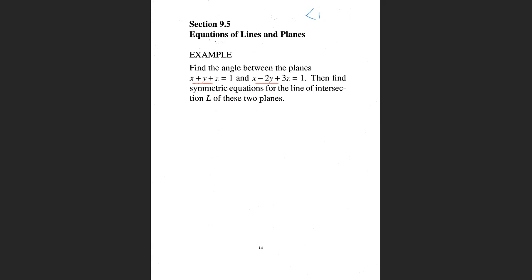Okay, so 1, 1, and 1, and 1, -2, and 3. For the first plane, this is the normal vector. For the second plane, this is the normal vector. And are these two vectors parallel?